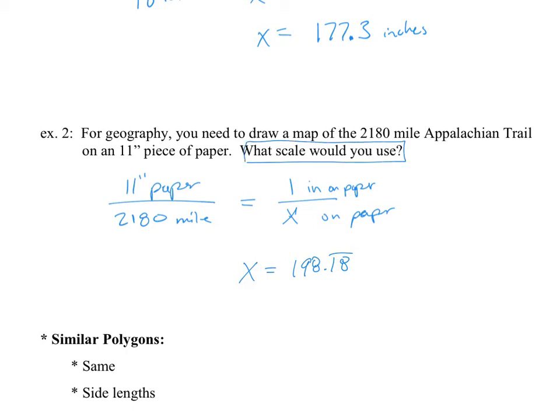So that's going to have a ratio 1 to, and what are my units here? Miles and inches. So 1 inch on my paper is 198.18 miles in real life.